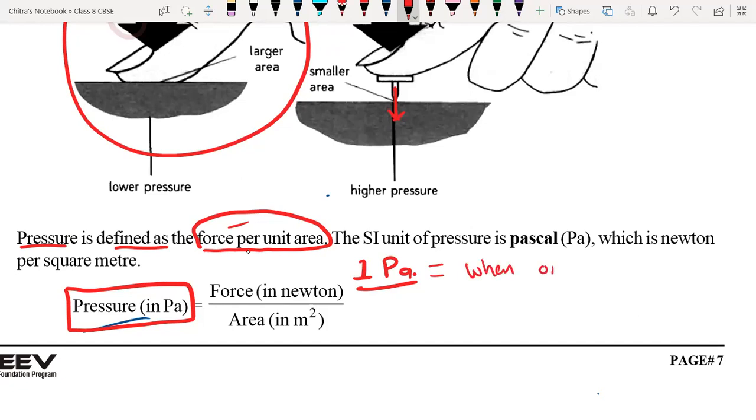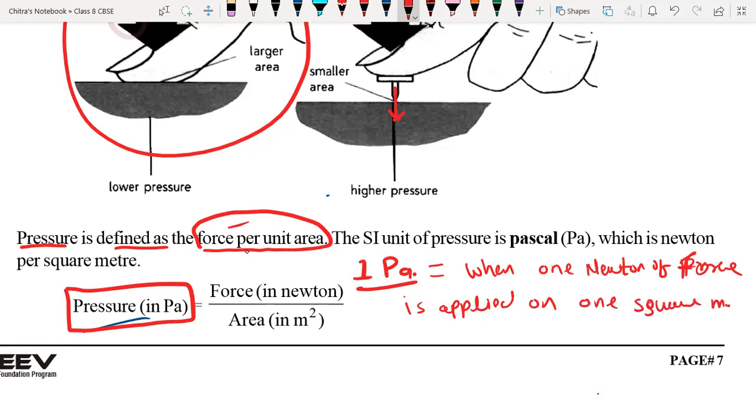When 1 Newton of force is applied on 1 square meter area, then the pressure is said to be 1 Pascal.